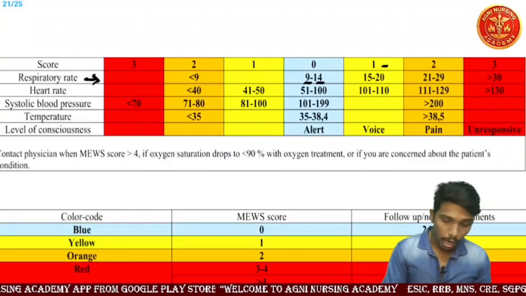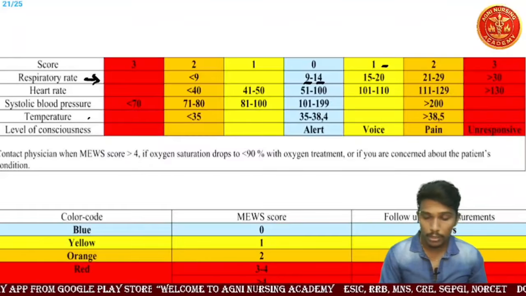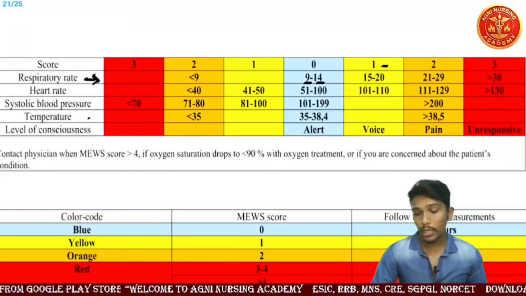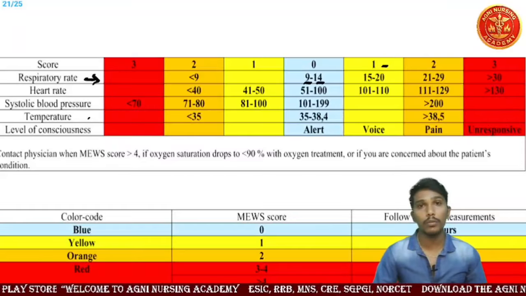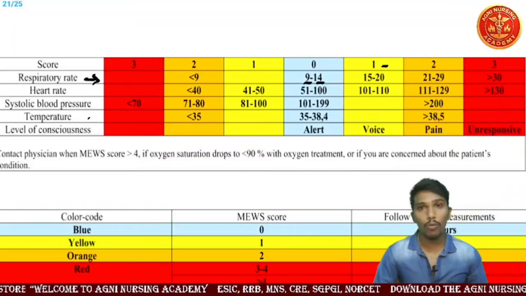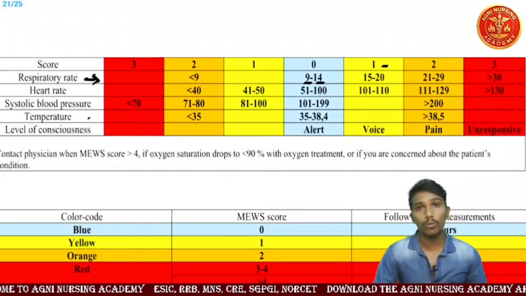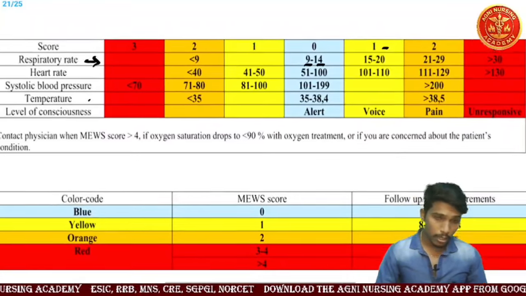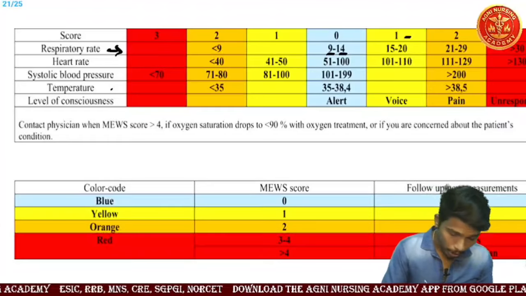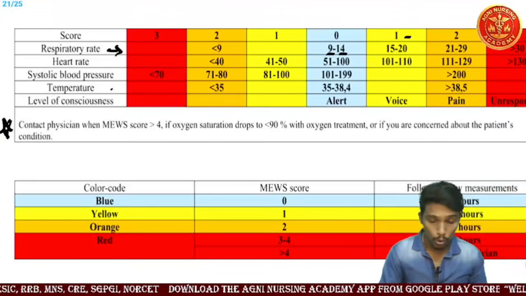Again they have given heart rate, systolic blood pressure, temperature and level of consciousness. If the patient is alert and spontaneously responding, we give 0; if responding to voice, we give 1; to pain, we give 2; and unresponsive, we give 3. Here one point is given: contact the physician when the MEWS score is more than 4.